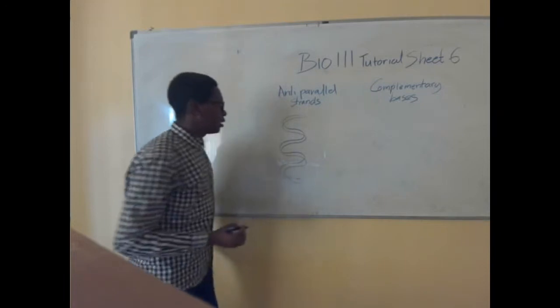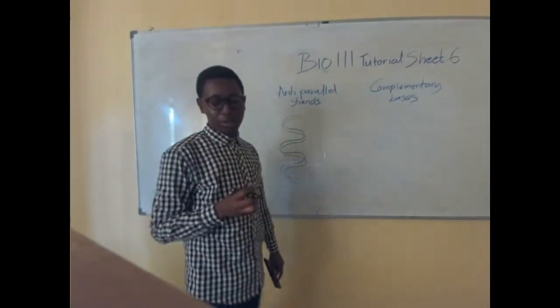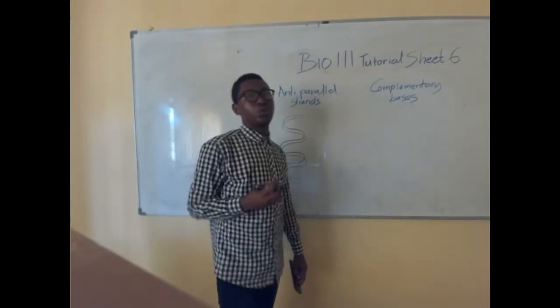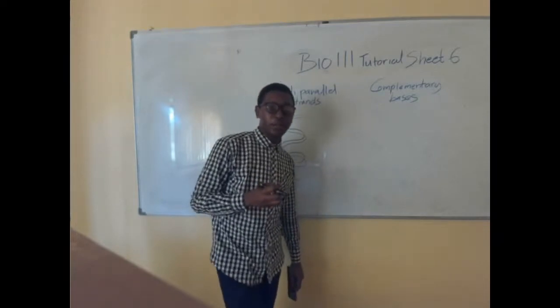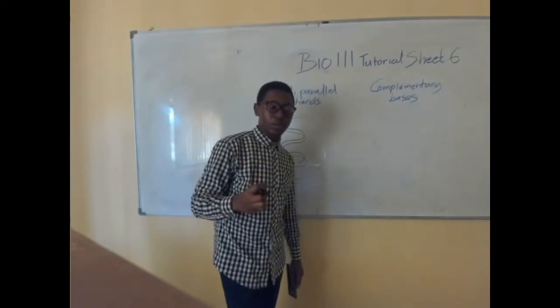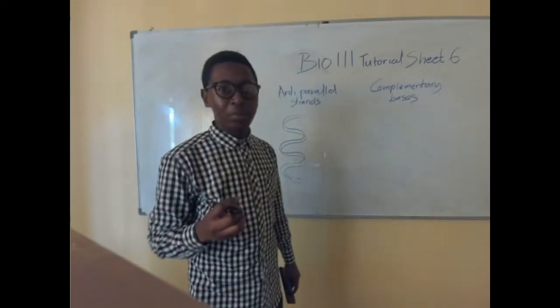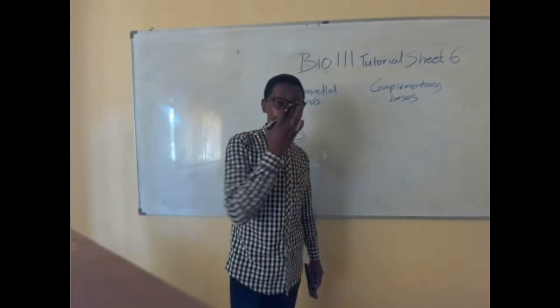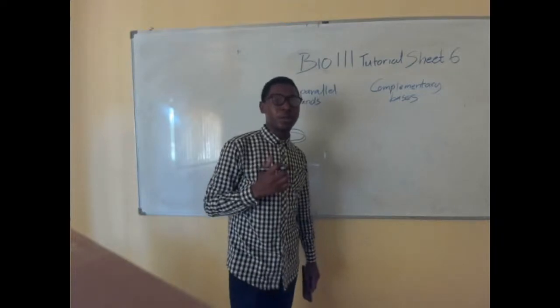Now, in a DNA molecule, remember when we talked about the phosphate group being attached to carbon number 5 of a nucleotide, and there's a hydroxyl group on carbon number 3.